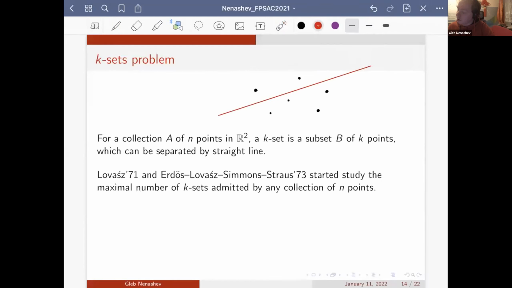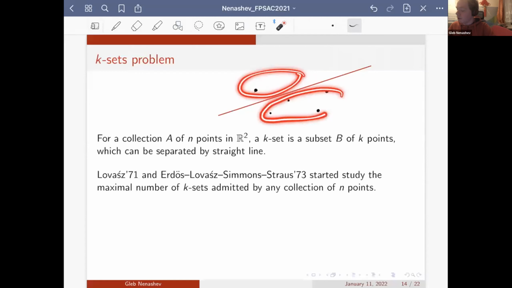If we can draw this line, this is a 2-set. If we can separate these 2 points from the other 4 points, then this is a 2-set. For example, these 2 points are not a 2-set because we cannot separate them from the other points.